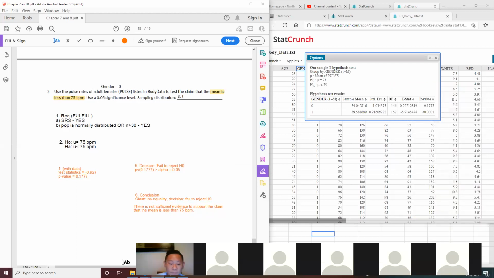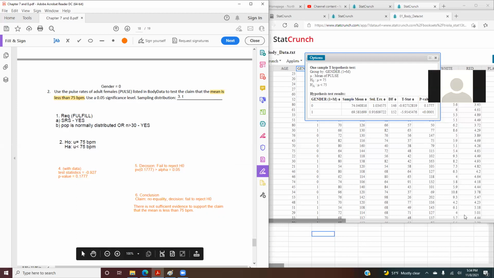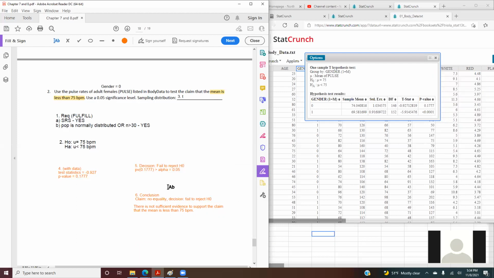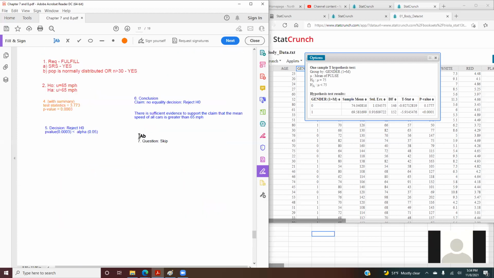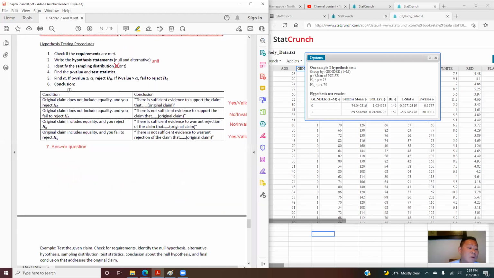I get confused when it comes to the fail to reject and the reject. I get everything else. It's just those two wordings, the fail and the reject itself. It depends on the p-value and the alpha. If the p-value is less than or equal to alpha, then we will reject the null hypothesis.